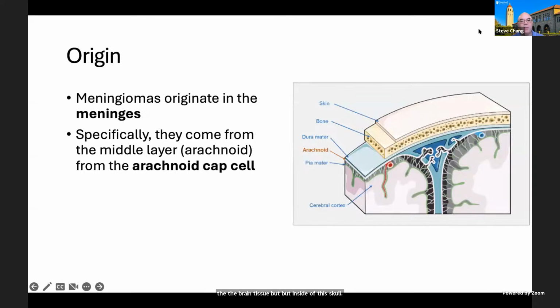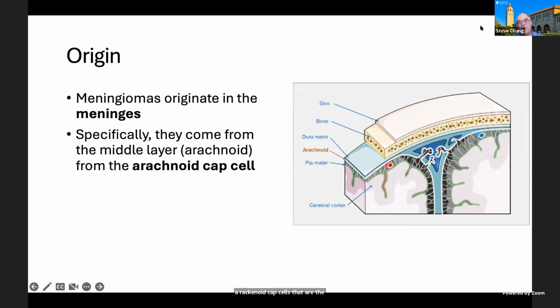So where do meningiomas come from? The name meninges is given to three thin layers of tissue that are between the bone and the surface of the brain. The middle layer is called the arachnoid layer, and there are cells there called arachnoid cap cells that are the origin of meningiomas.